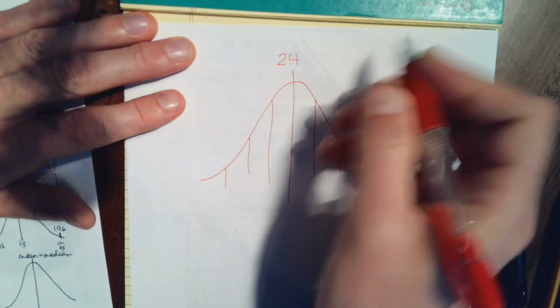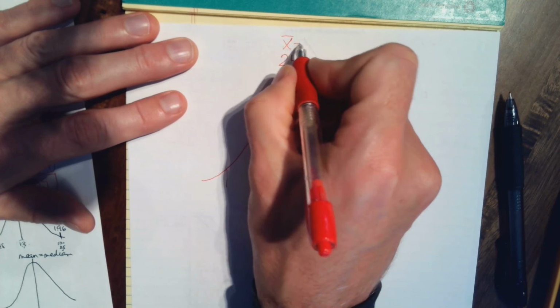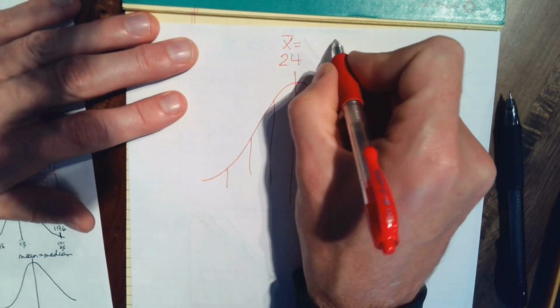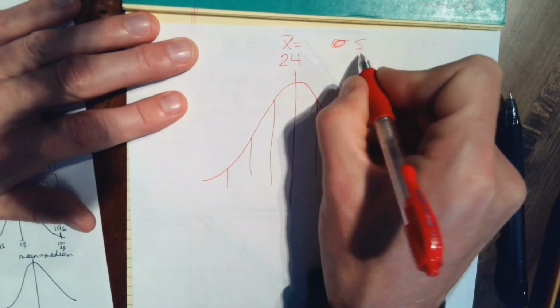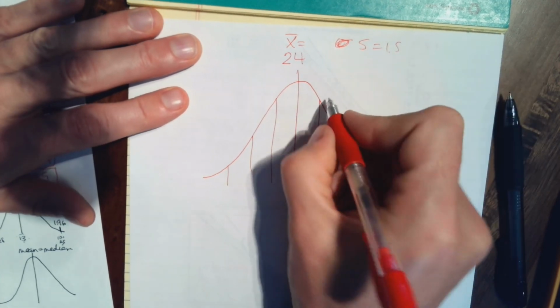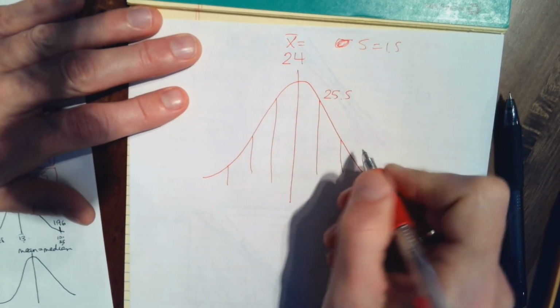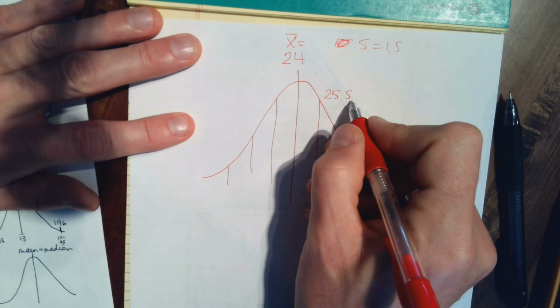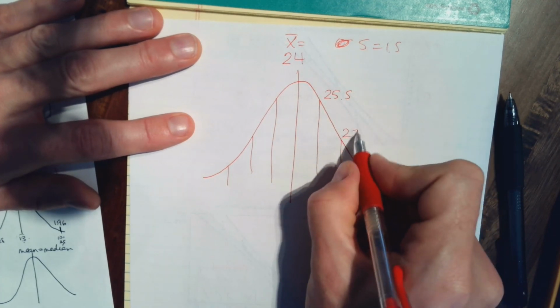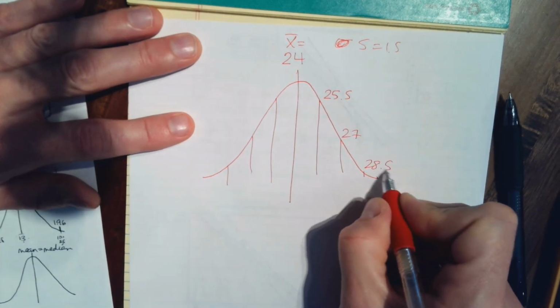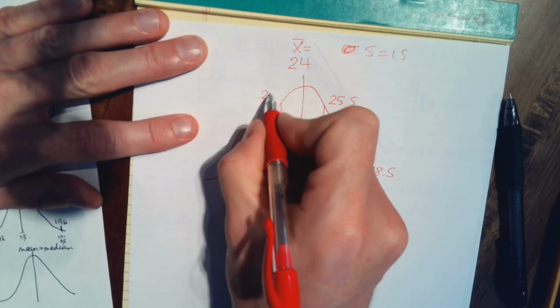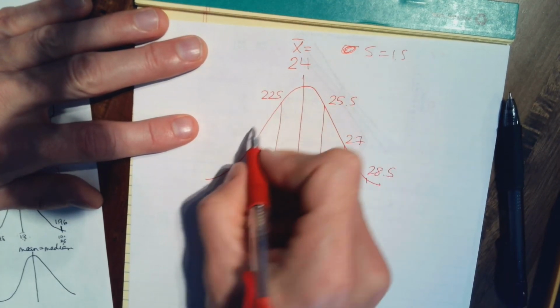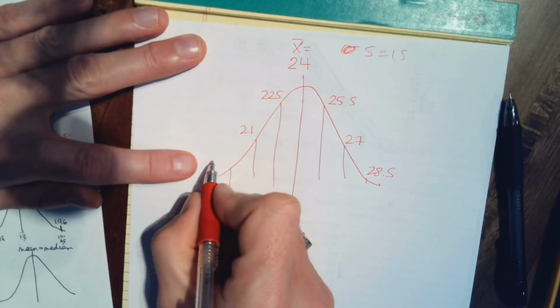So the X bar is 24 and each standard deviation is 1.5. So this would be 25.5 plus another 1.5, this would be 27, 28.5. This would be 22.5, 21, and 19.5.